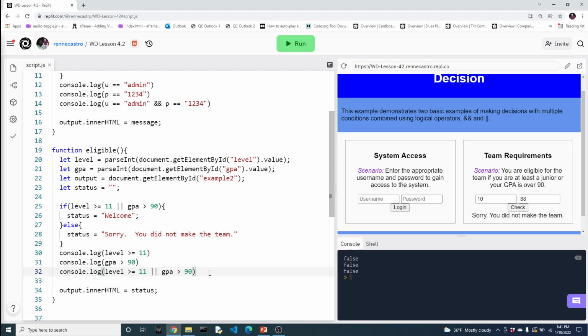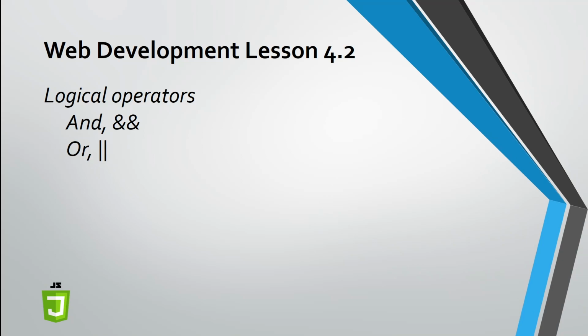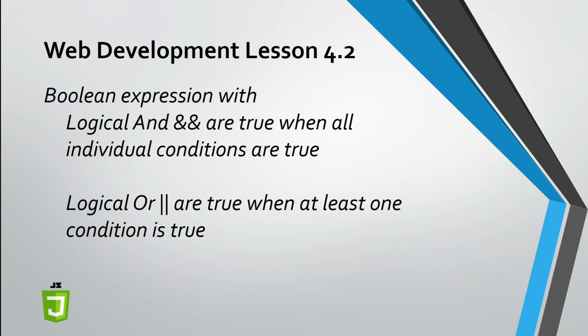Let's go back to our presentation and let's review what we've done, and I actually have an extra slide before we exit. So Boolean expressions allow us to make more complex decisions. Again, these are words that are used in our natural language. The logical and expressions are true when all individual conditions are true.